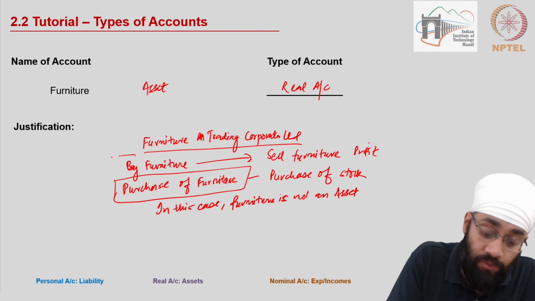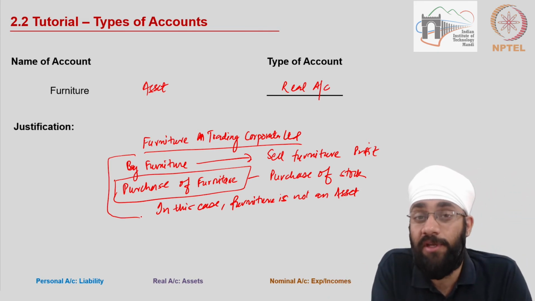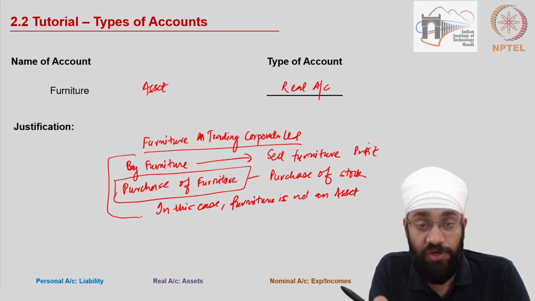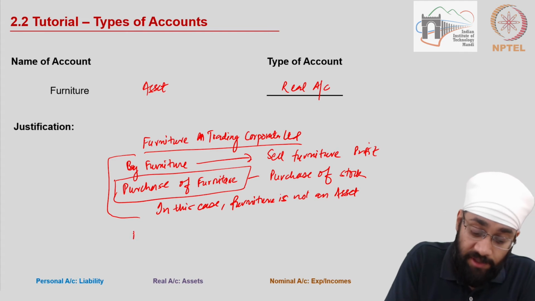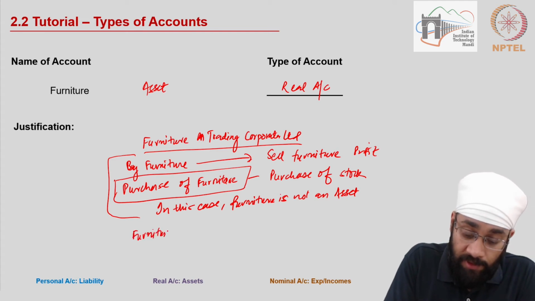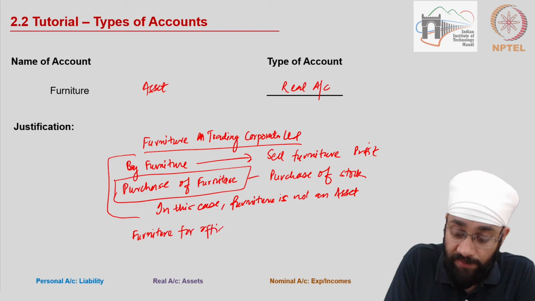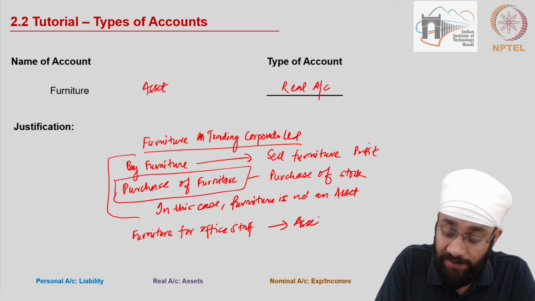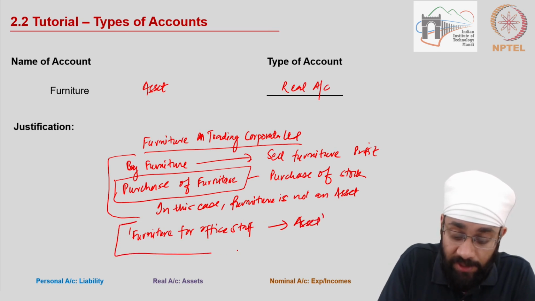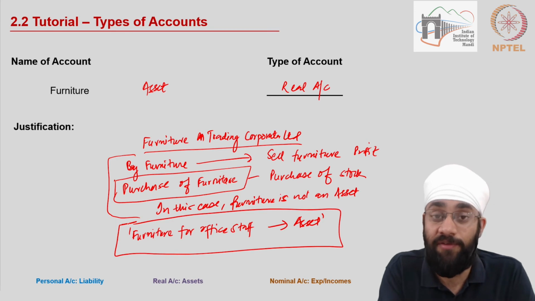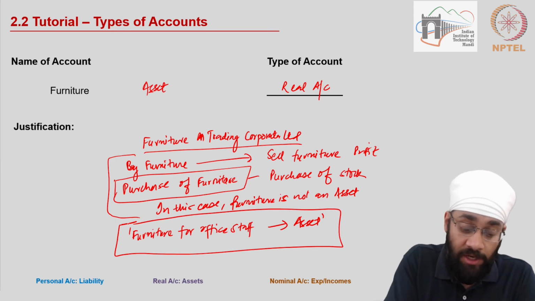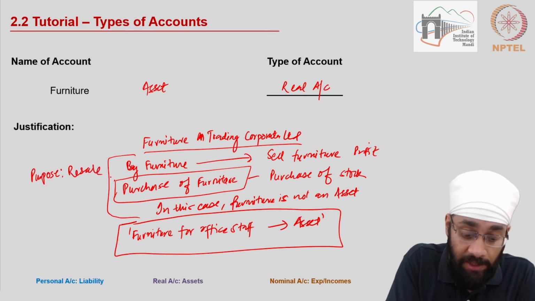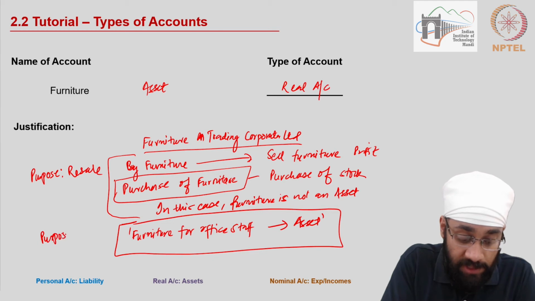This is very important. If you were in any other business and you're buying furniture for office use, then you would consider that as an asset. Now within the Furniture Trading Corporation, you buy furniture for office staff. All right. Now this furniture can be called an asset, but it is entirely different from the previous category of furniture, where the purpose was resale, and here the purpose is not resale.